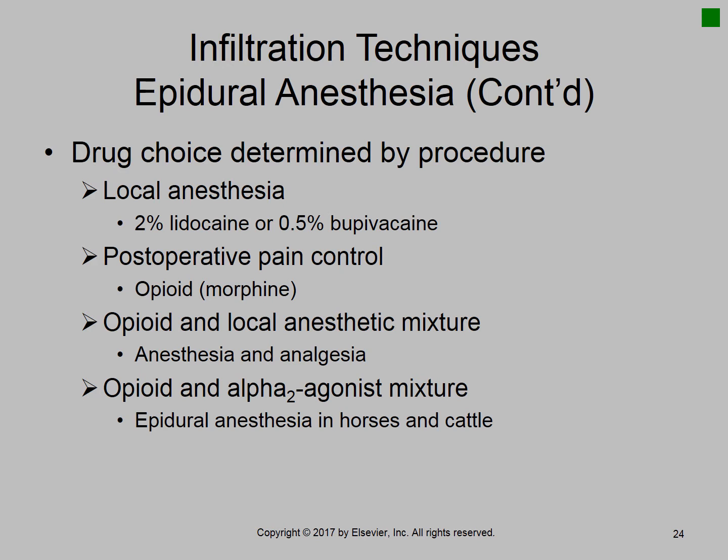And when you do that, you end up with anesthesia and analgesia. You can use an opioid and an alpha-2 agonist mixture. You can combine an opioid and an alpha-2, say xylazine or dexmedetomidine, and you'll produce epidural anesthesia in horses and cattle. It will depend, again, on procedure, species, practitioner's preference, circumstances, all that kind of stuff.